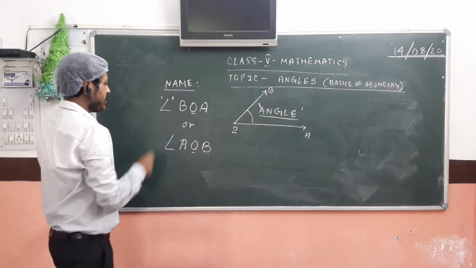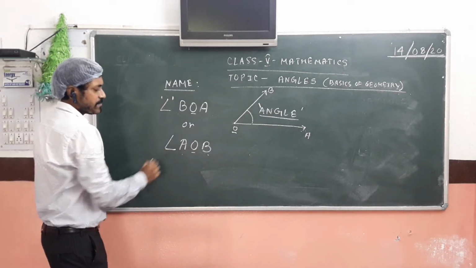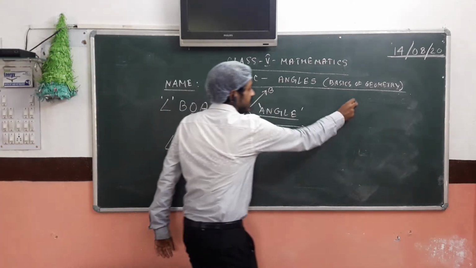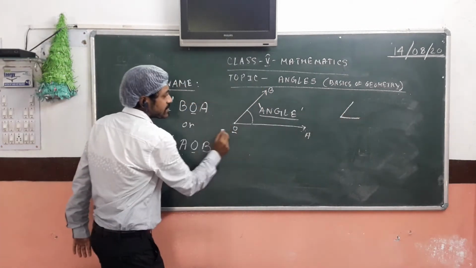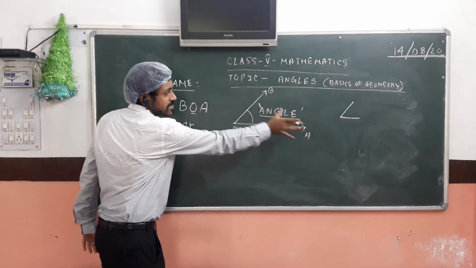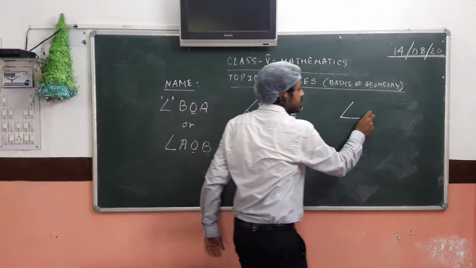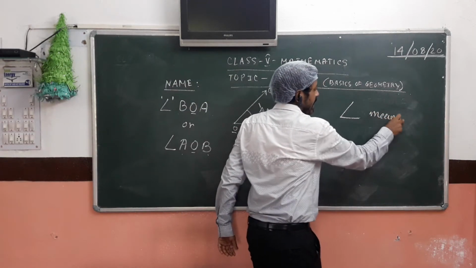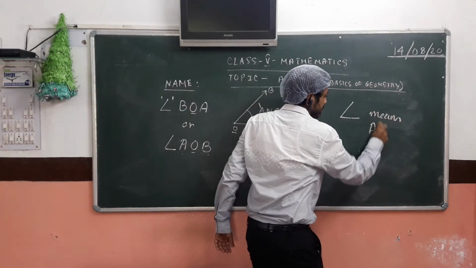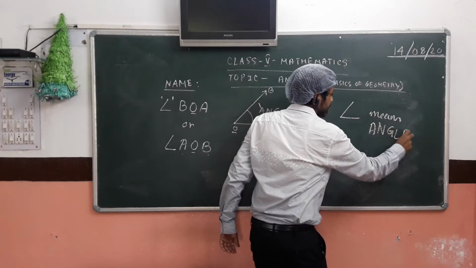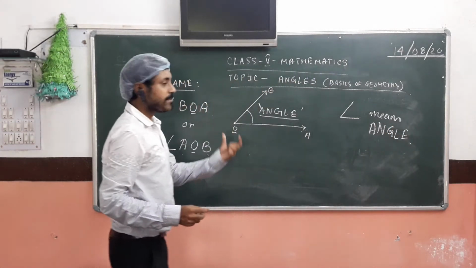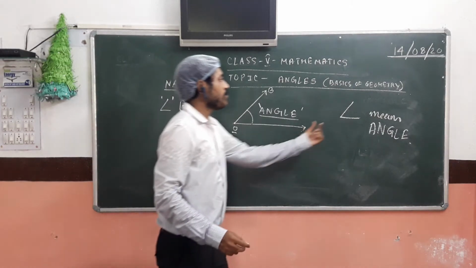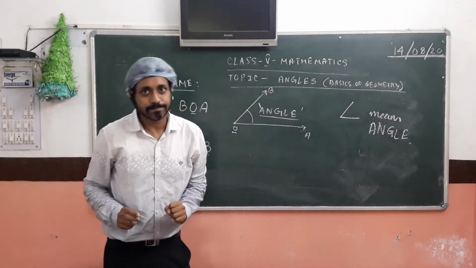Now what is this sign I am putting in front of the names? This means angle. This is just a mathematical or geometrical form of writing the word angle.